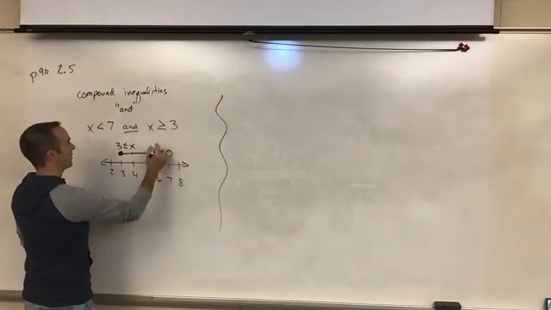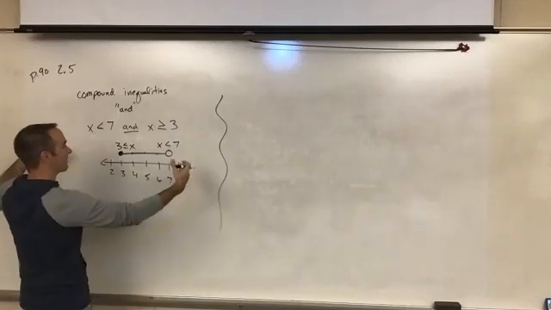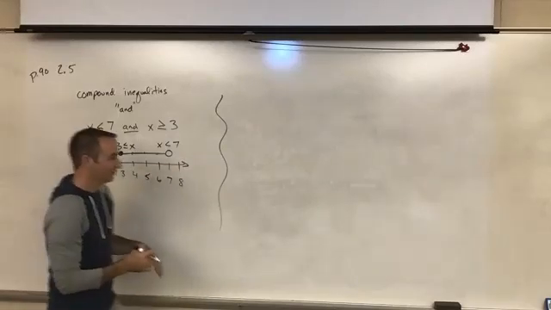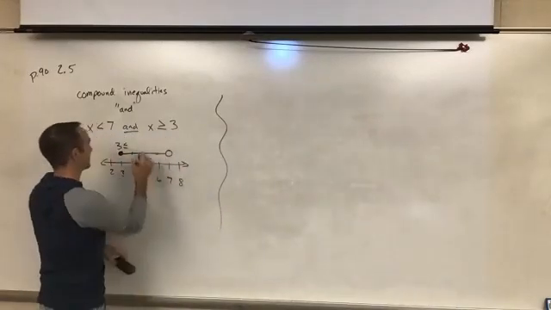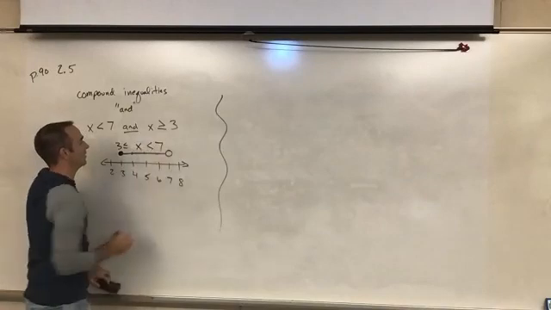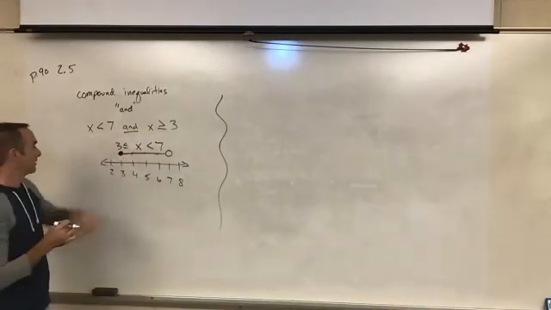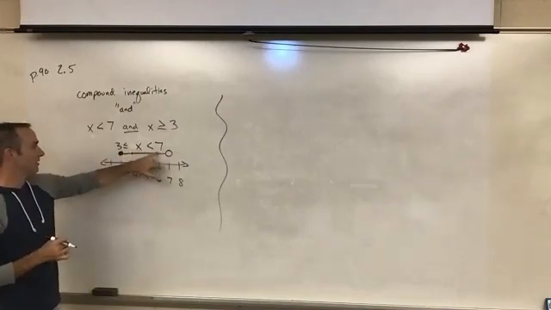This part of it was that X is less than 7. So what we can do is we can combine these together to say that X is going to be between 3 and 7. Okay, that X value, right? Our solutions between 3 and 7.